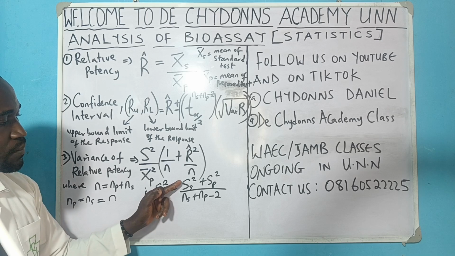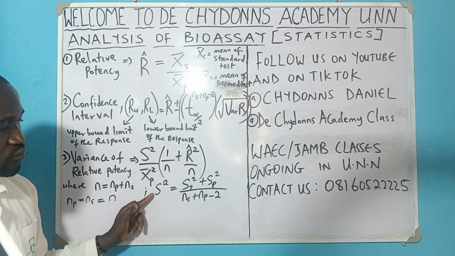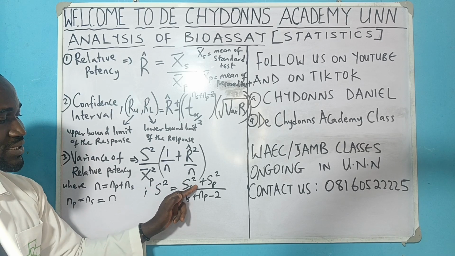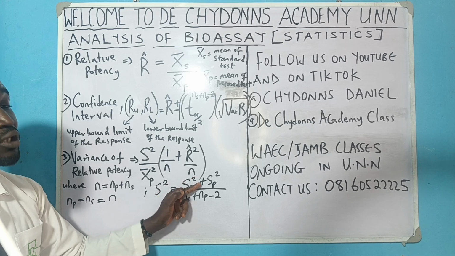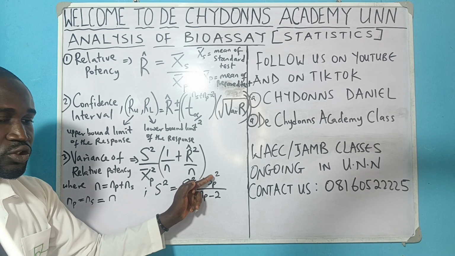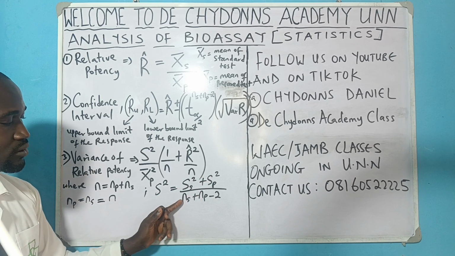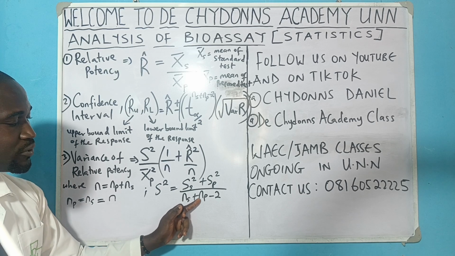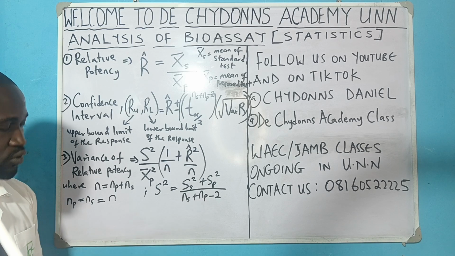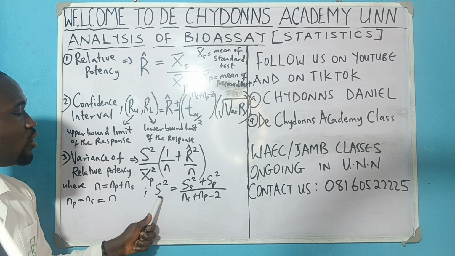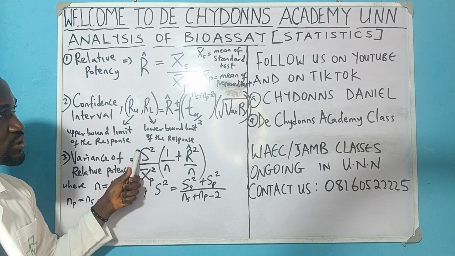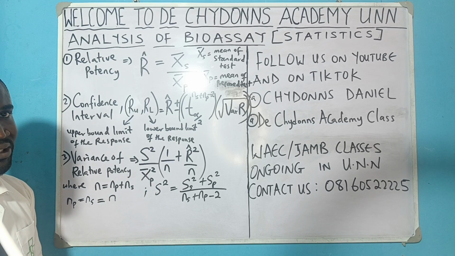So the total variance we are talking about is variance of the standard test squared plus variance of the prepared test squared all over sample size of the standard plus sample size of the prepared minus 2. You'll be able to get the value of S squared you have to put here. Are you getting what I'm saying?